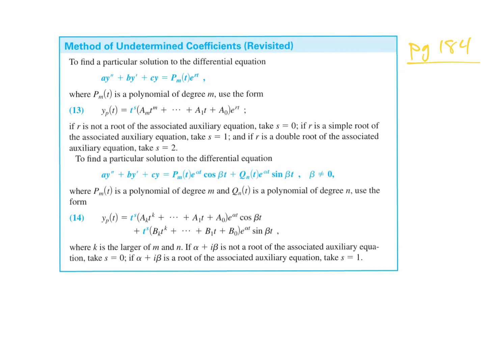Again, this looks a little bit different because I've pulled it from an older edition of the book, but it says the exact same thing. This is really the same thing that we had in the last section, except it applies to multiple terms, where the multiple terms are expressed in terms of these polynomials here.